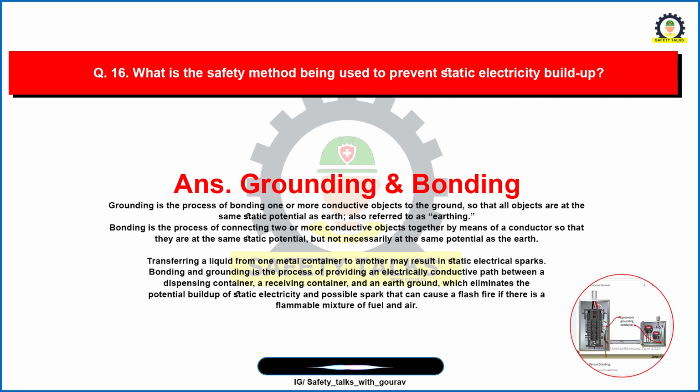Bonding and grounding provides an electrically conductive path between a receiving container and an earth ground, which eliminates the potential buildup of static electricity and possible spark that can cause a flash fire if a flammable mixture of fuel and air is there. So grounding and bonding is the safety method used to prevent static electricity buildup.